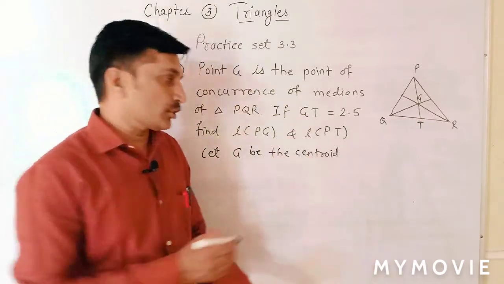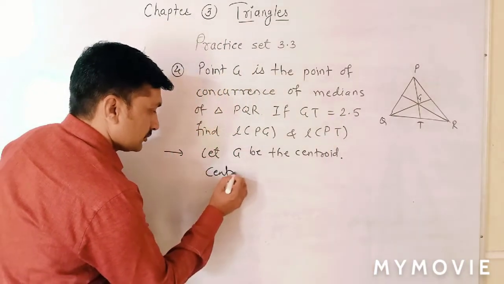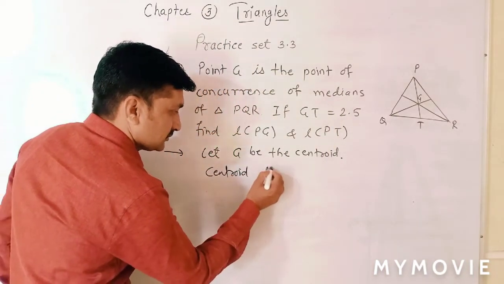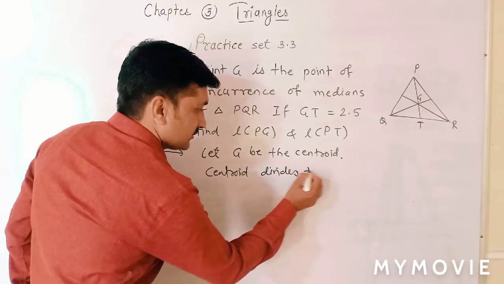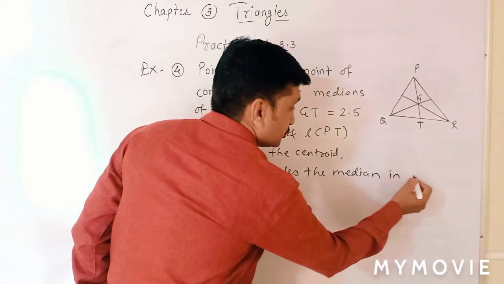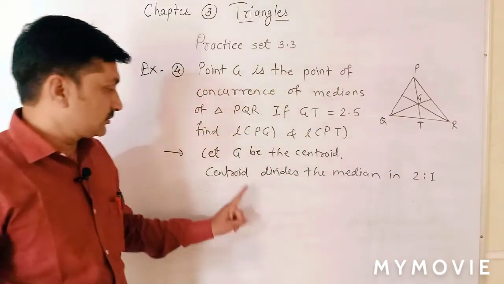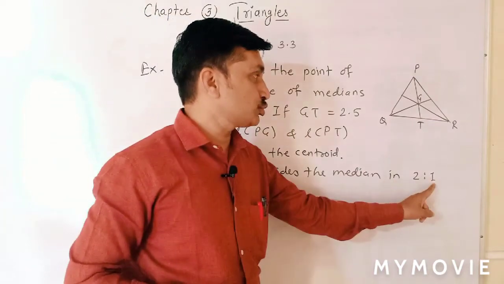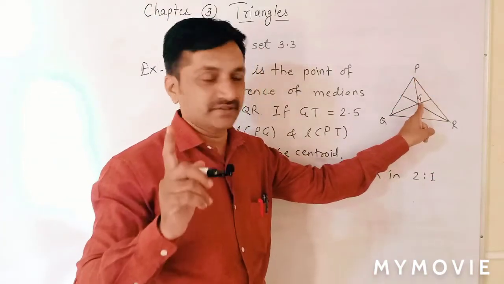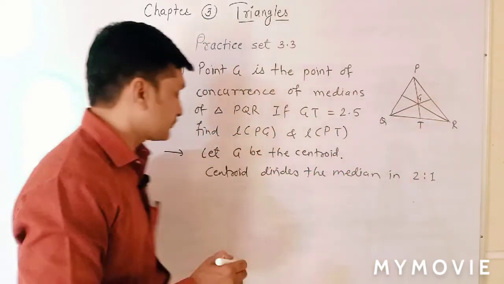And the property about the centroid is that the centroid divides the median in 2:1 part. The centroid divides the median in 2:1, which means from P to G 2 parts and from G to T 1 part. That is the ratio of that.